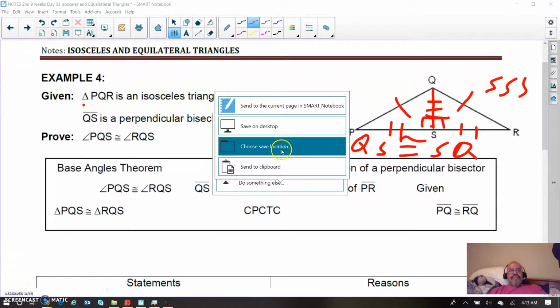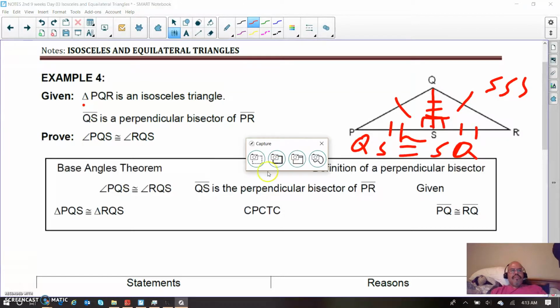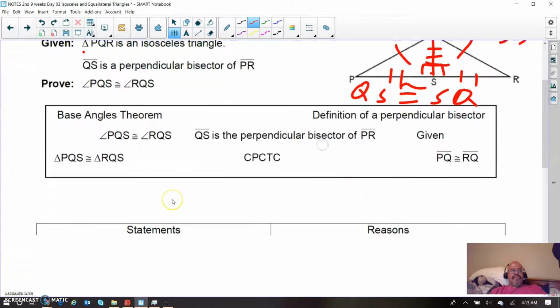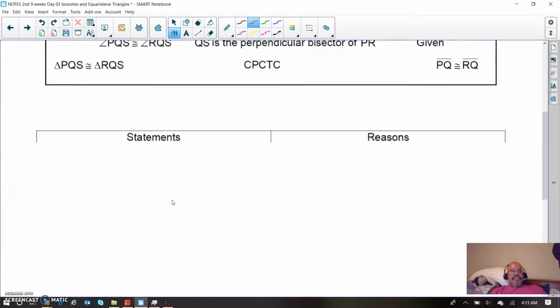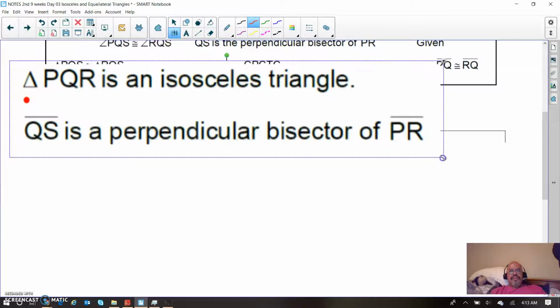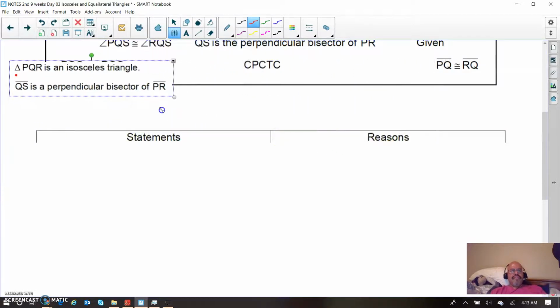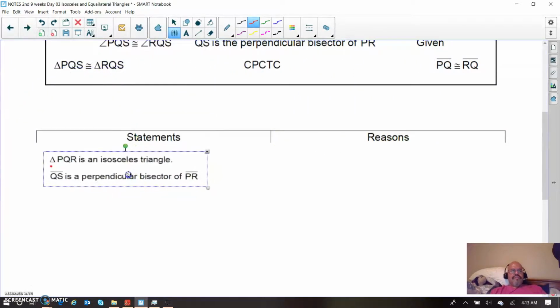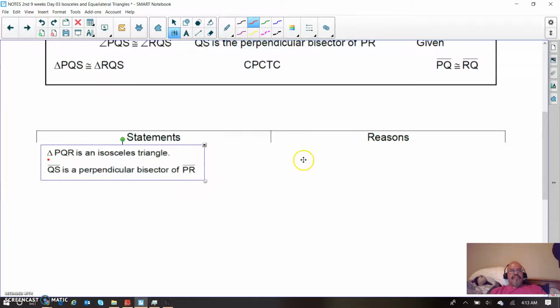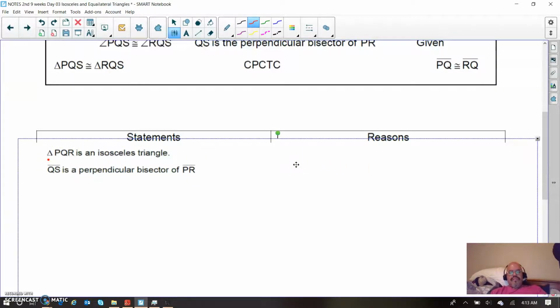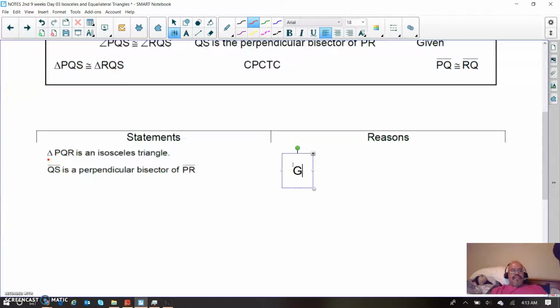I'm going to save this to the clipboard. It's a little bit bigger than what it should be, but oh well. And we can make it smaller. Okay, so our reason here is that it's going to be a given. These two parts are given to us.